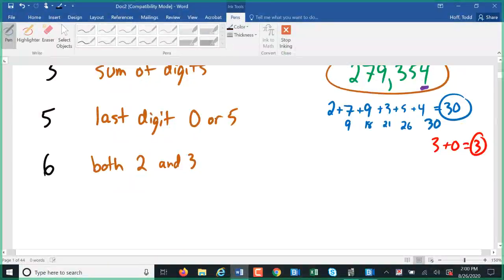Not terribly helpful. Anybody know the rule for 7? I keep asking every year, hoping somebody will know it. As far as I know, there isn't one. So if you can come up with a reliable rule for 7, I'll give you extra credit for it, and I'll publish it and become famous and retire.